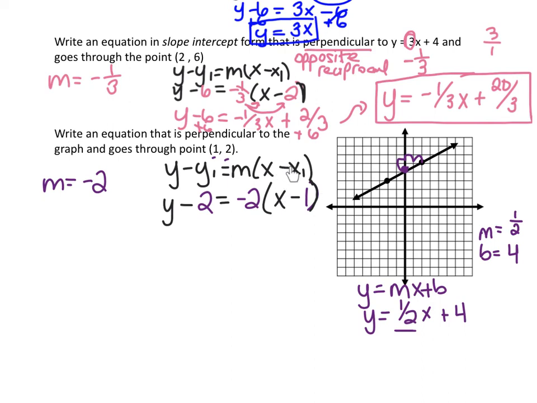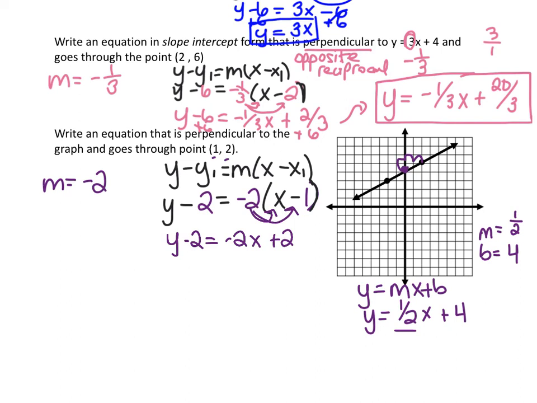Now we have to get it into slope intercept, distribute out your -2. So y minus 2 equals -2x plus 2. I'm so sorry that there's a lot of 2's in this. All right, so I distributed my -2. We have this.